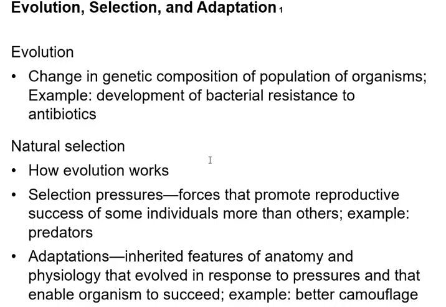So natural selection is whoever's the fastest, the best, whatever, will survive, pass on their genes, and those that aren't as genetically good, I guess you would say, don't get the chance to pass on their genes. So there are selection pressures that they're talking about.